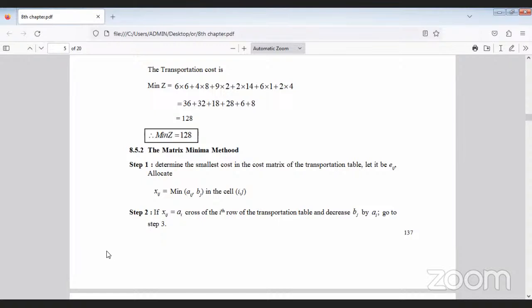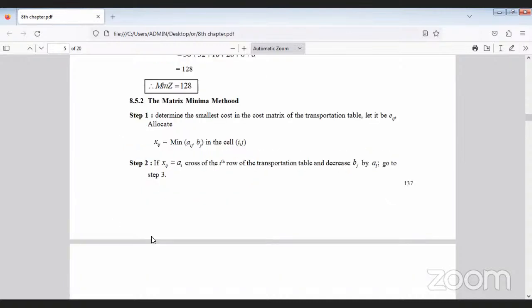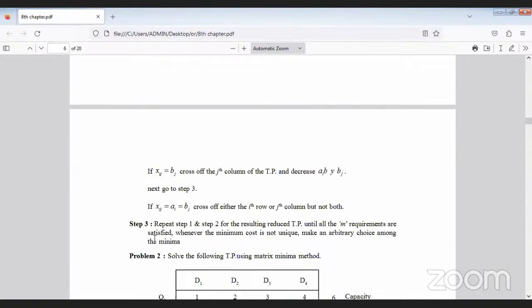In step 2, when taking xij, we take only a. Because the ith row of the transportation table is crossed, we go to step 3. Then cross the jth column. Repeat step 1 and step 2 on the resulting reduced transportation problem until all requirements are satisfied.